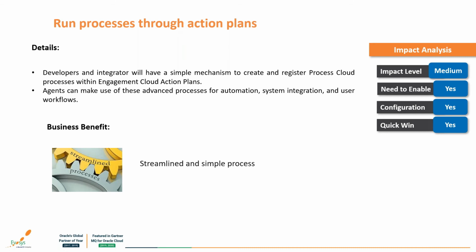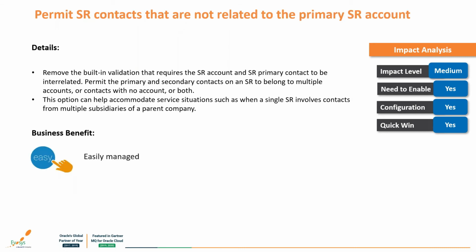Again, we'll move to the next feature, which is permit SR contacts that are not related to primary SR contacts. As the name suggests, we have removed the built-in validations that required the SR service accounts and the service request primary contact to be interrelated.